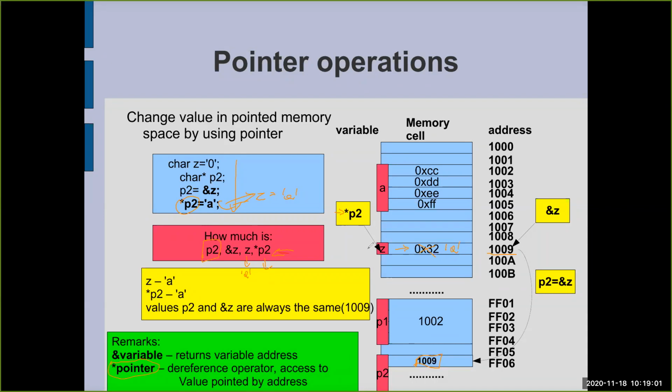So the asterisk P2 is the same as Z. So in this example, it is equal to A. What's more, the value of P2 and ampersand Z are the same. So these values are equal, because they were assigned in this place. Okay.